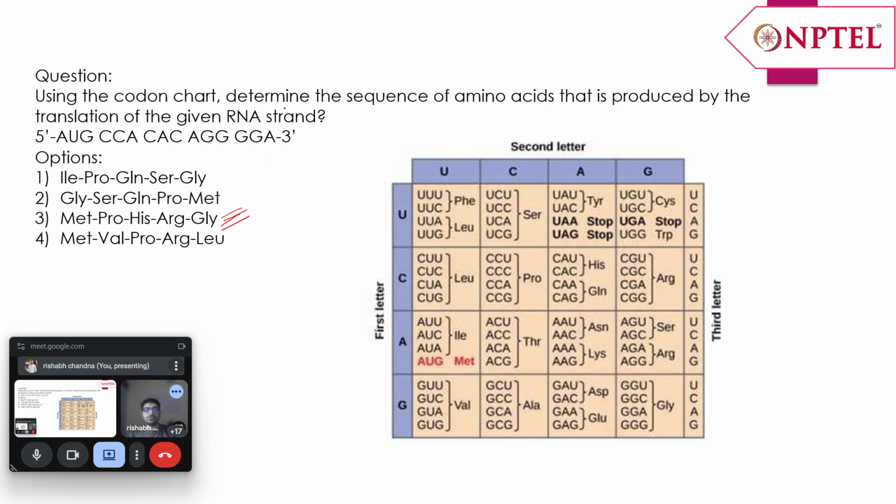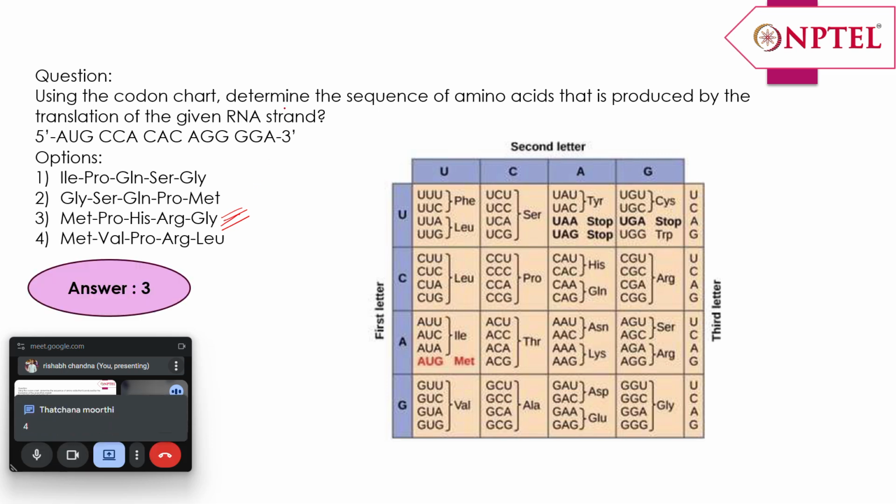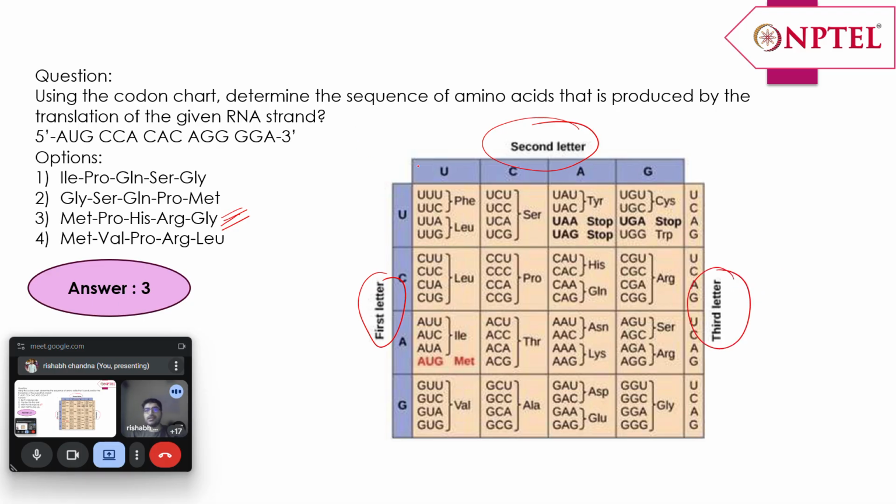So the correct answer is option 3. And how to see it? We have the codons and the codon table. The codons are made of three letters. The first letter is on the left side, the middle one is the second letter, and the third one is the last letter. And these are arranged in the same order: UCAG, then UCAG, then UCAG in every third letter.